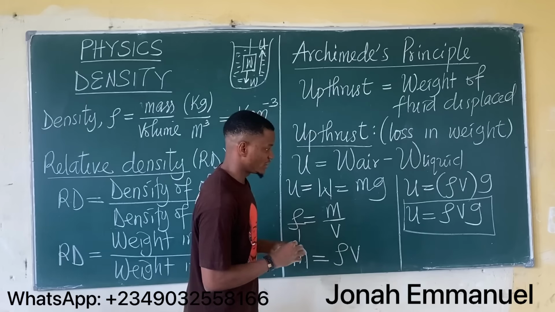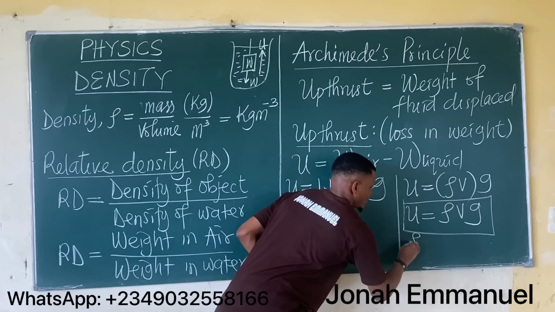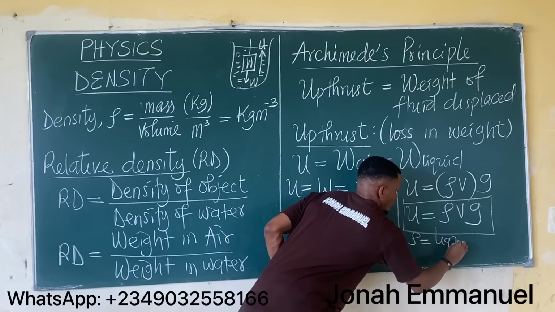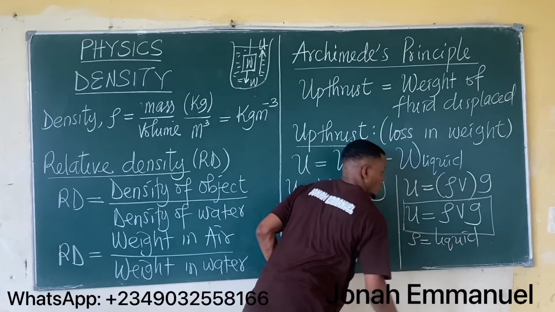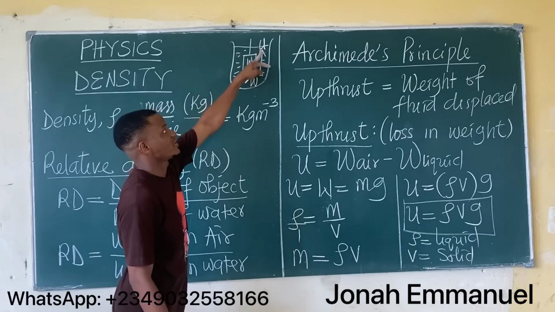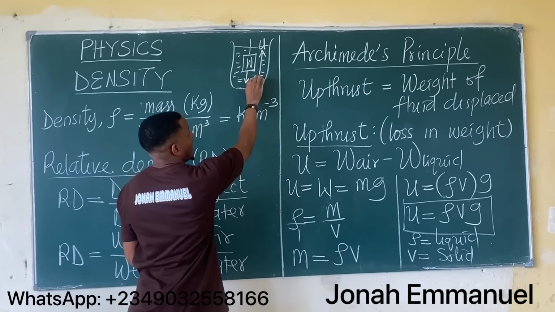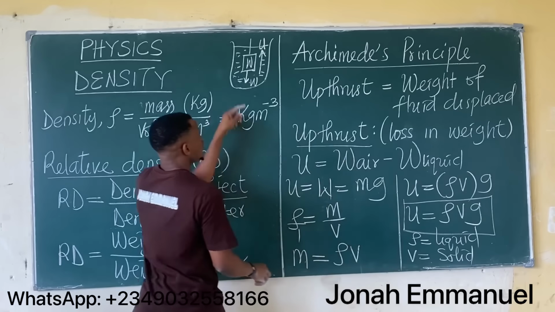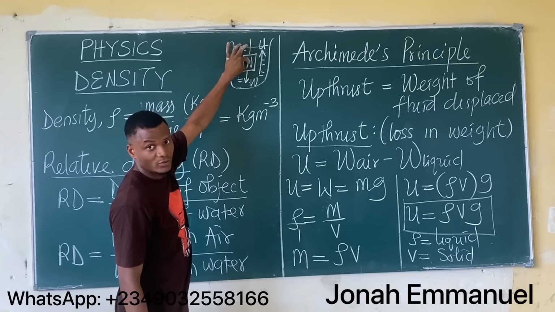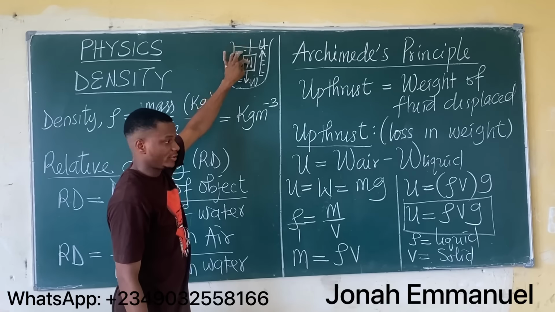It's important to note that this density is the density of the liquid, not the solid, and this volume is the volume of the solid, not the liquid. So it's important we know this, please. Upthrust is equal to density of liquid times volume of solid times acceleration due to gravity.